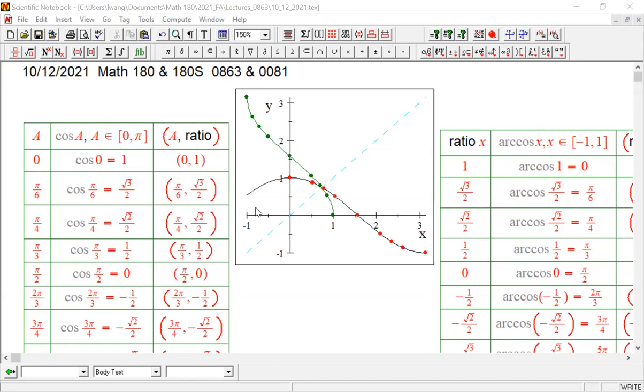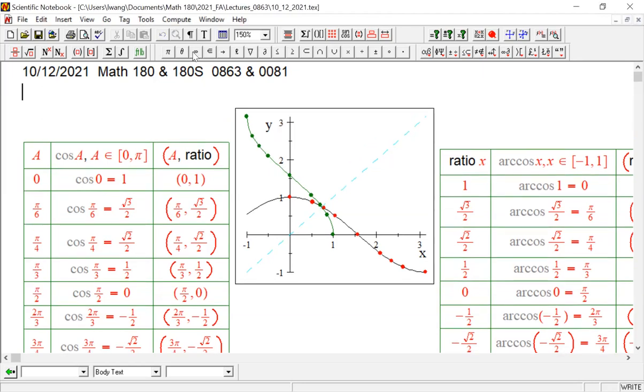Okay, and I think I copied and pasted to the file, but I just couldn't find it right away. Okay, it should be this piece. Okay, so that's the better picture.